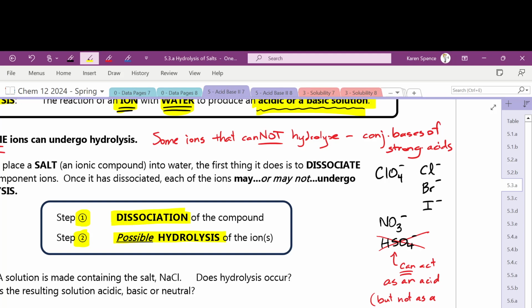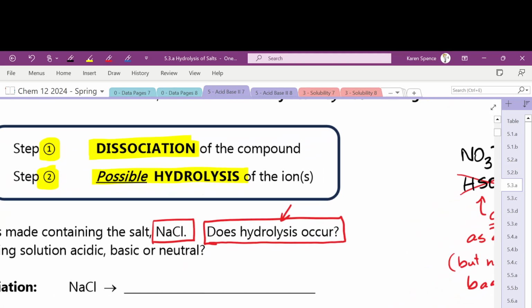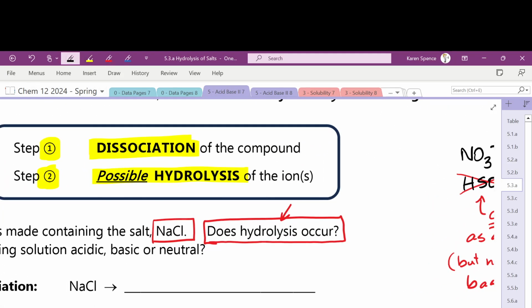So let's look at a salt, NaCl, okay? And we're going to ask ourselves, does hydrolysis occur? What's the first thing we have to do if we're being asked about hydrolysis? We have to dissociate the salt. So we have NaCl. What does it dissociate into?